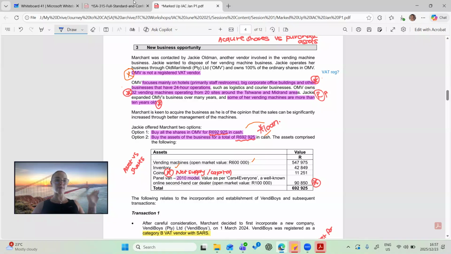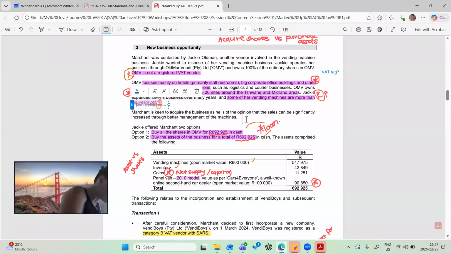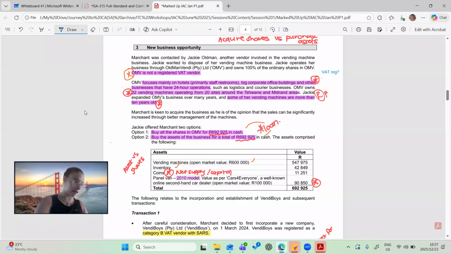Okay, so let's maybe take the opportunity to show the difference again. If we are wording this specific trigger here, the fact that the machines are more than 10 years old, this drawing thing is going to drive me crazy today. Okay, that's our trigger, right?